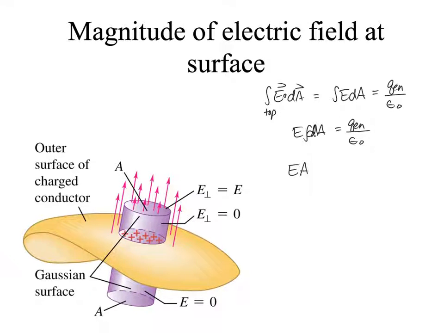It's E times A equals the charge enclosed over epsilon naught. Electric field, we solved for that, and Q over A is going to be sigma over epsilon naught. And voila! The electric field is given by sigma over epsilon naught at the surface of a conductor.